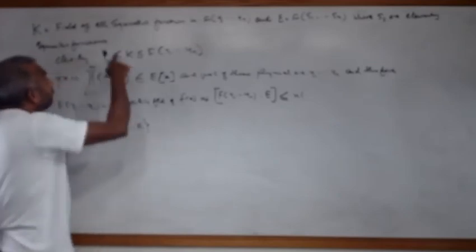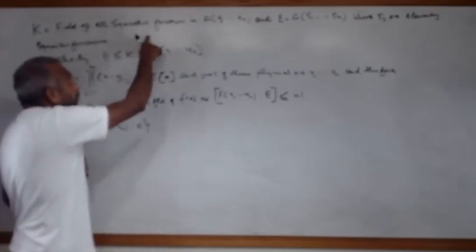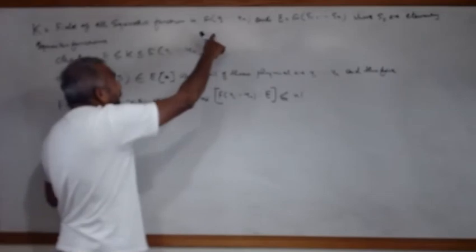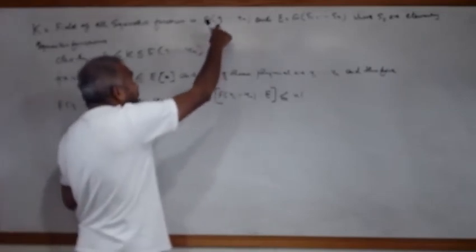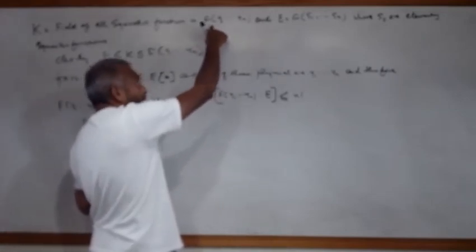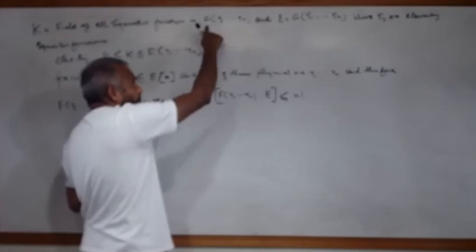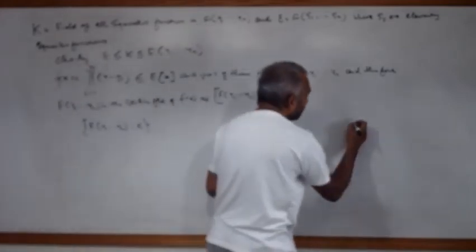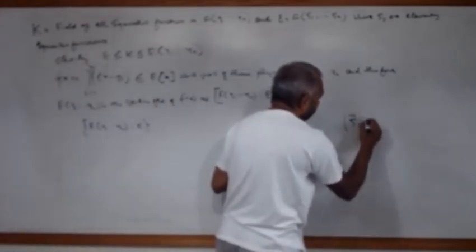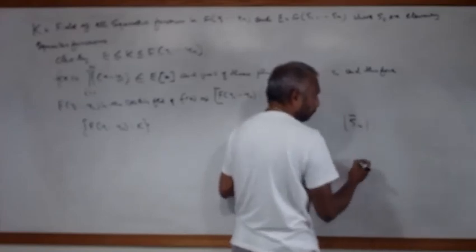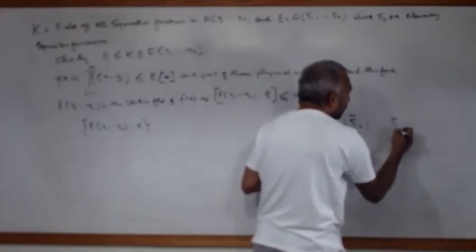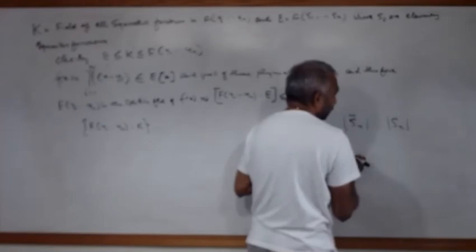K is the fixed field of a subcollection of automorphisms on E of y1, ..., yn. What is that subcollection? That subcollection is Sn bar, which corresponds to the permutations in Sn.